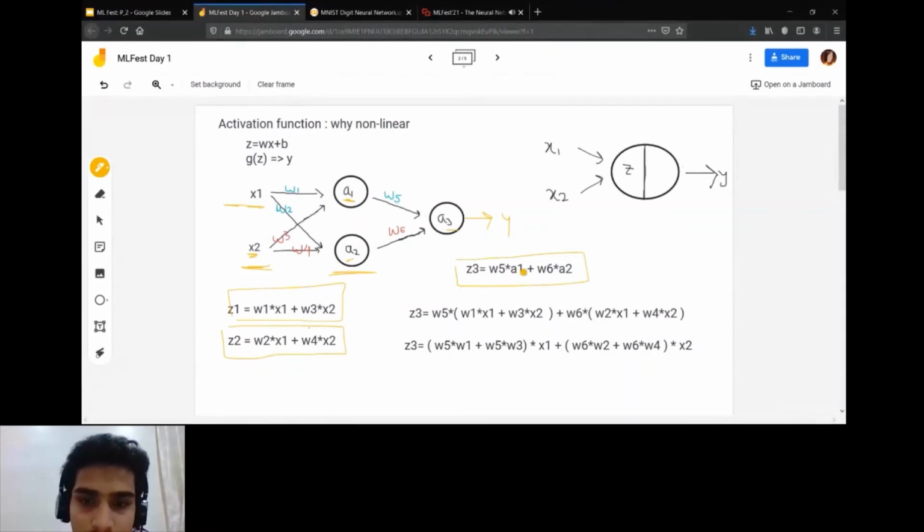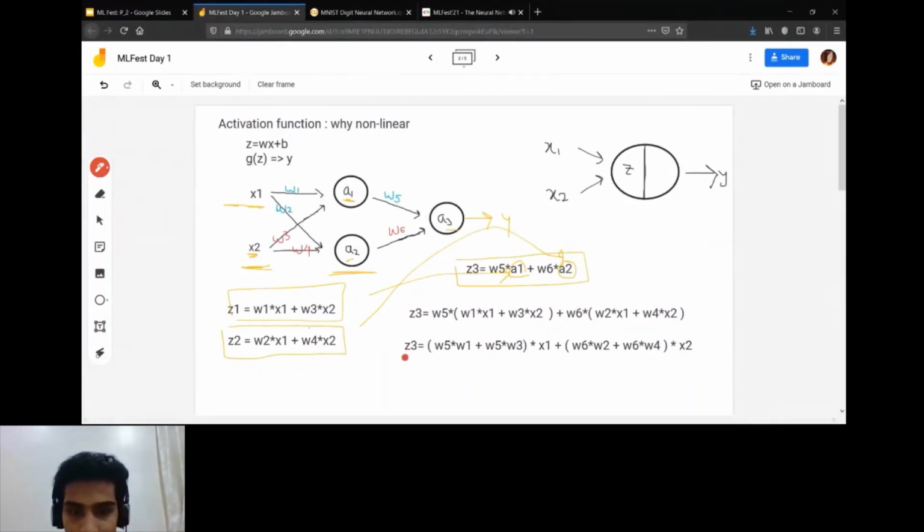So let us substitute the values of a1 and a2 which we calculated here. Upon solving and rearranging these equations, what do we have here?